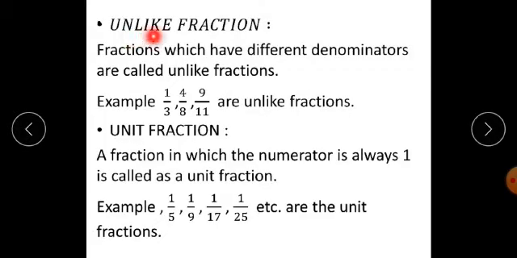Next type, unlike fractions. Fractions which have different denominators are called unlike fractions. Example: 1 upon 3, 4 upon 8, 9 upon 11. Here the denominators of each fraction are different, so they are examples of unlike fractions.